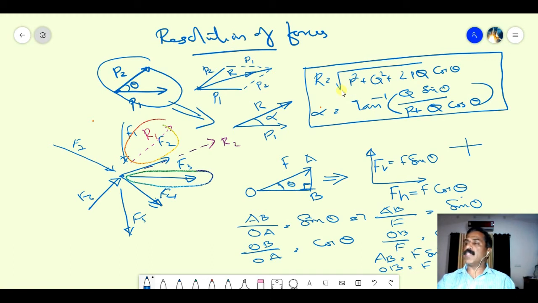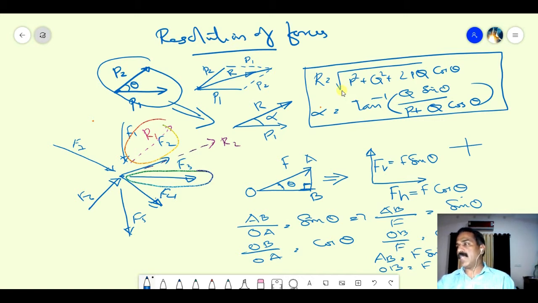In this way, we can split the force into its components, and this process is called resolving the force into its components, or resolution of forces. If we are considering a force in 3D, then there will be one more component in the Z direction, which is perpendicular to this plane, or perpendicular to FH and FV.